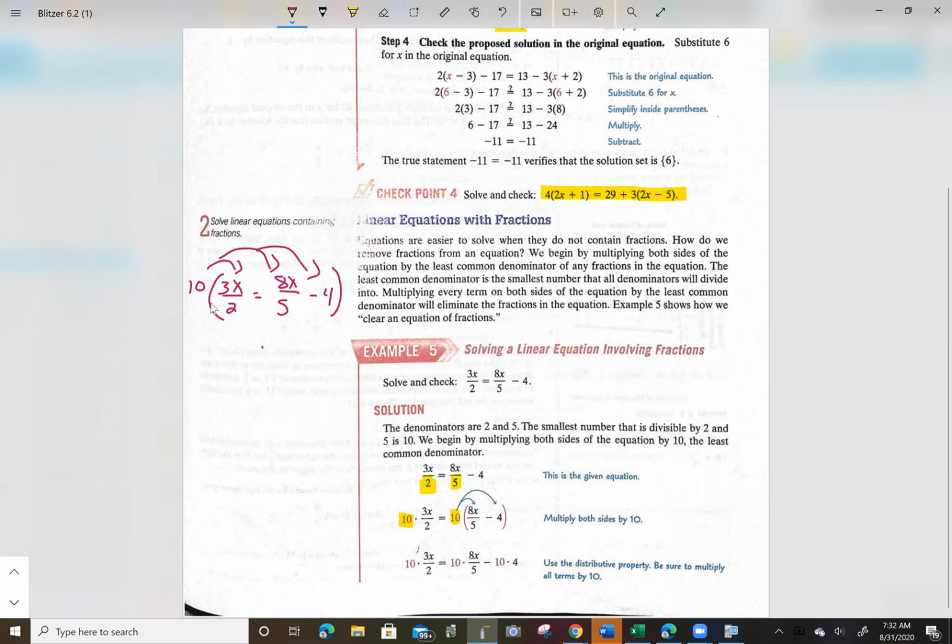But here's the coolest thing, and we did this on purpose: if the denominator can go into the number that you're multiplying, that cancels the denominator out.